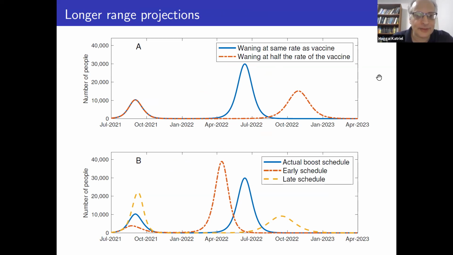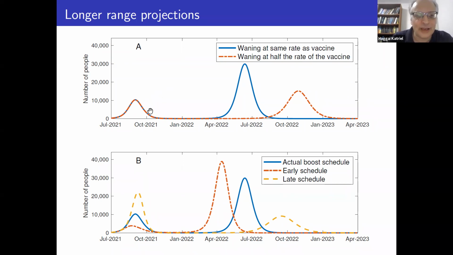There are indications that the booster is working better than the original 2 shots. It's giving better protection, but will it wane slower or not? This is something that we don't know.